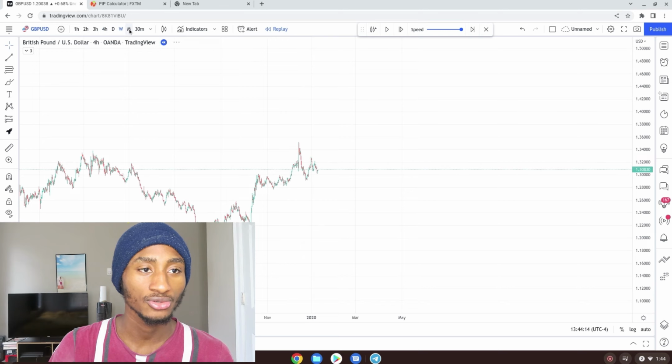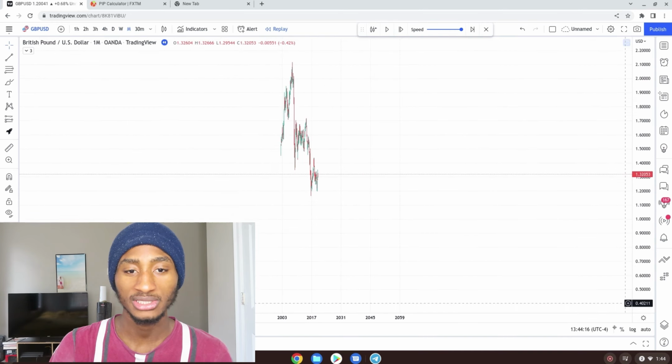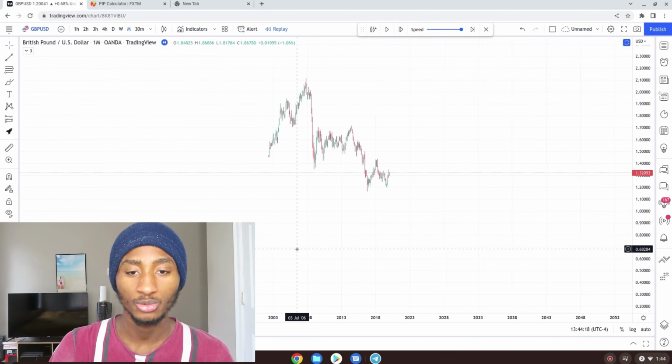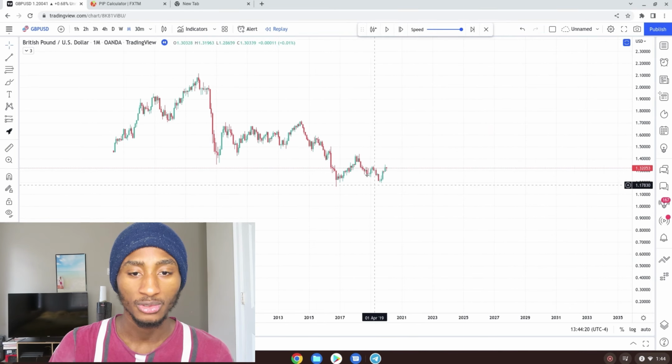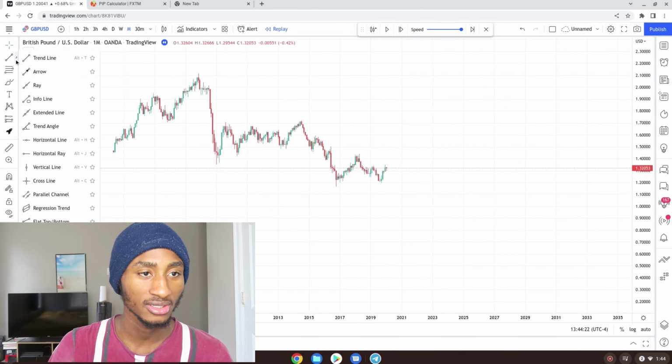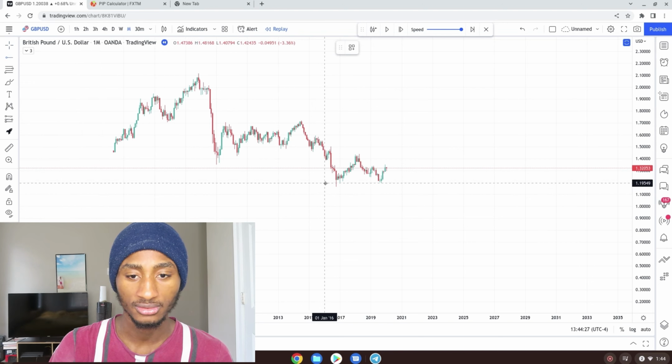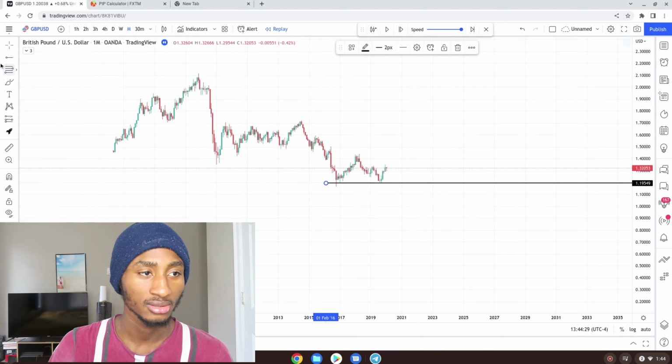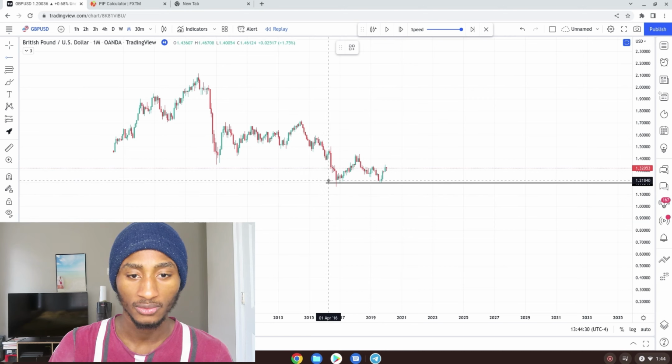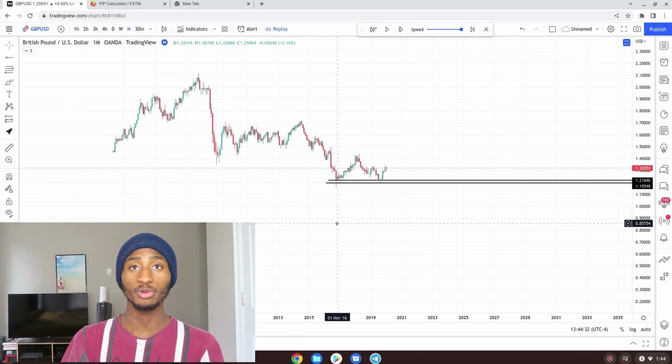So the first thing we're going to do is check the monthly, see what's happening on the monthly. We can see the market just rejected this level down here. You can see the market just rejected this level down here, right? It just did a double bottom.